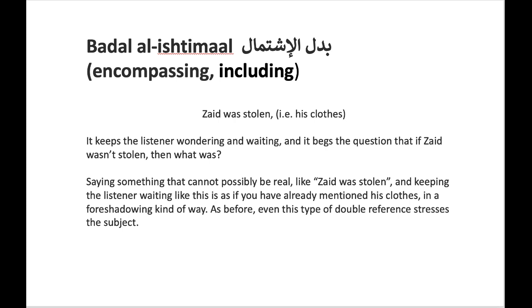As before, even this type of double reference stresses the subject. So, Badal al-Ishtimal is that word which does not complete the sentence and creates suspense that something is going to be encompassed or included in order to make full sense out of this statement.